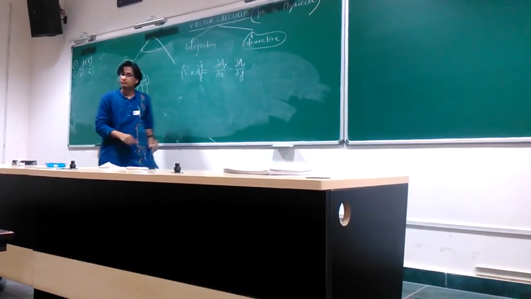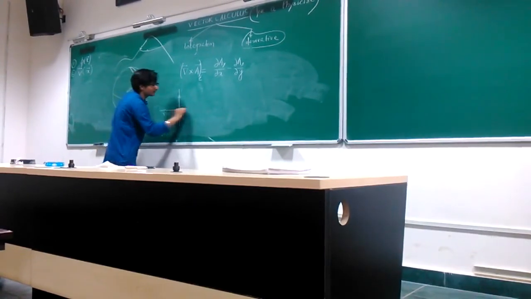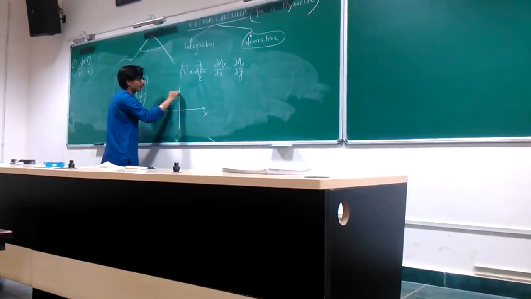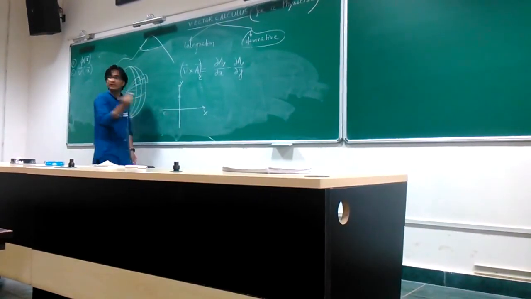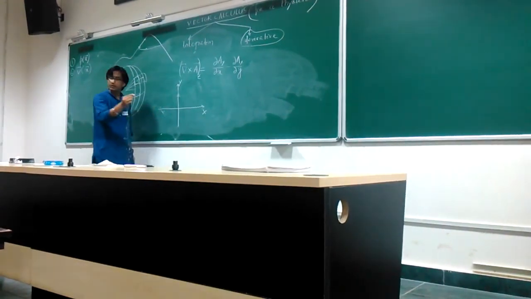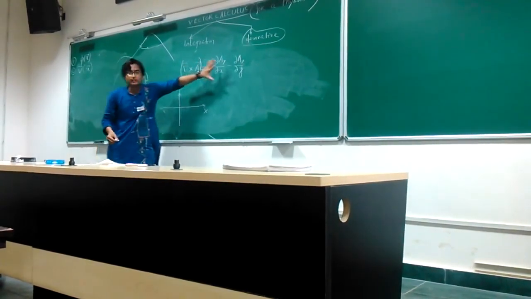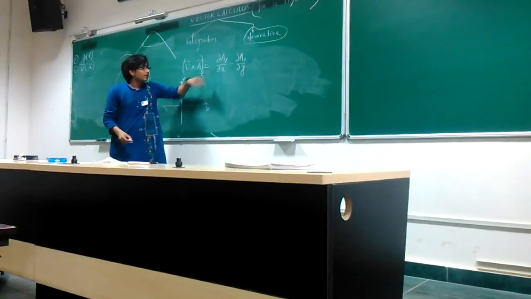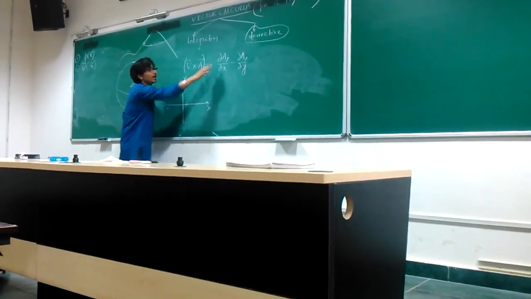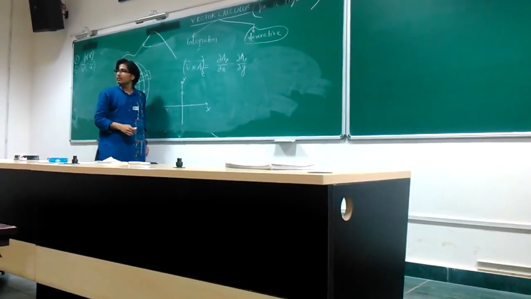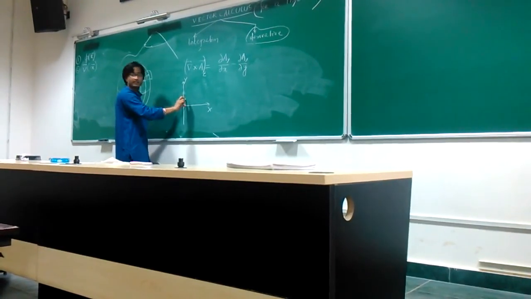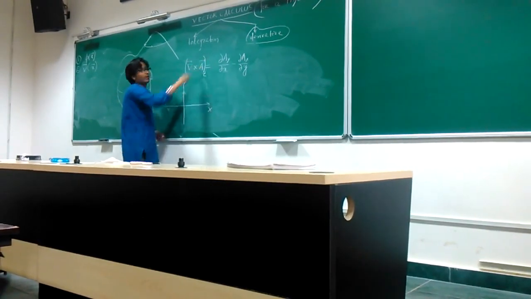What does it mean? This is my x-axis, this is my y-axis, this is my z-axis. The z component of curl is a function which measures, if I move along x, how Ay is changing. Ay is this height, right?